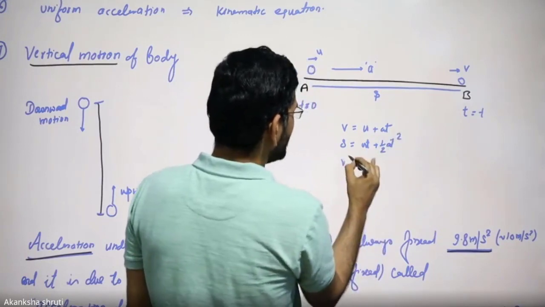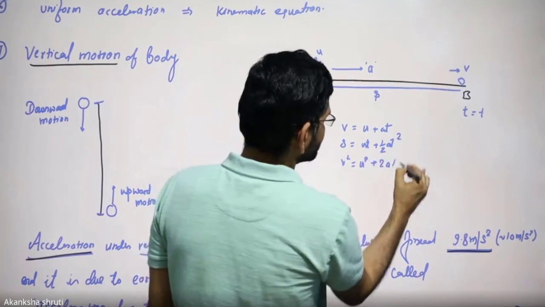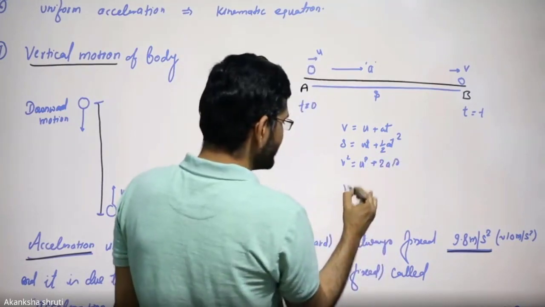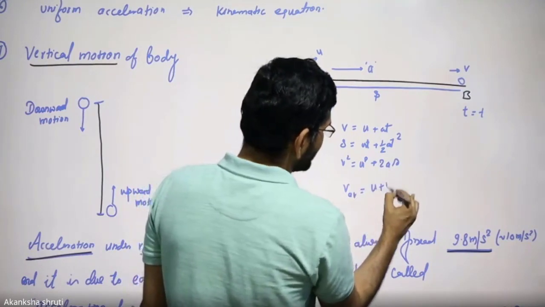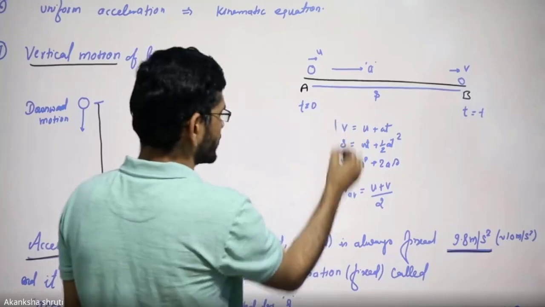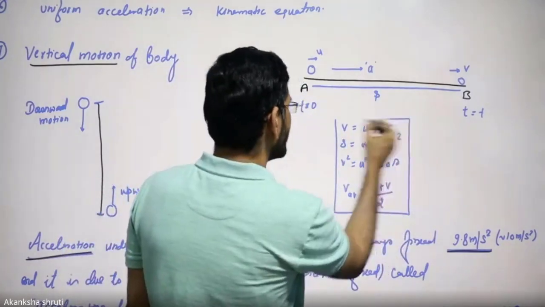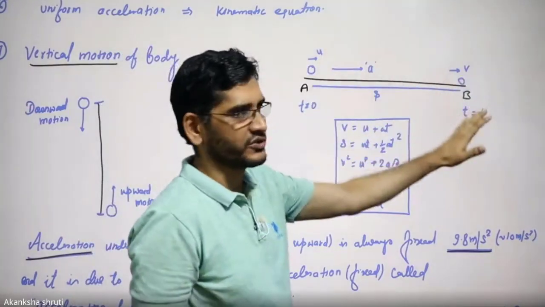Then v square is equal to u square plus 2as. Even the average can be calculated by (u plus v) by 2. This is also the fourth one, but not that useful. These are the four equations for the horizontal motion.